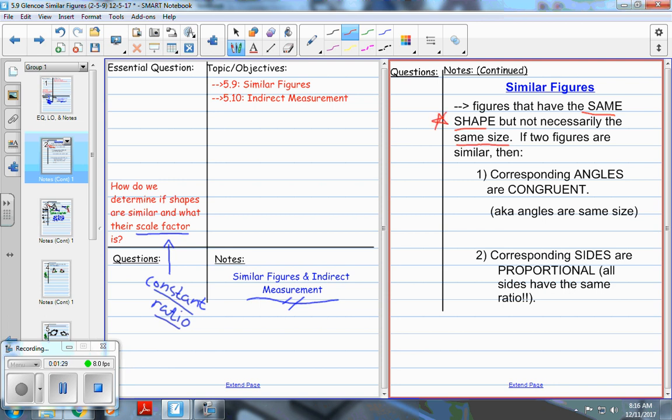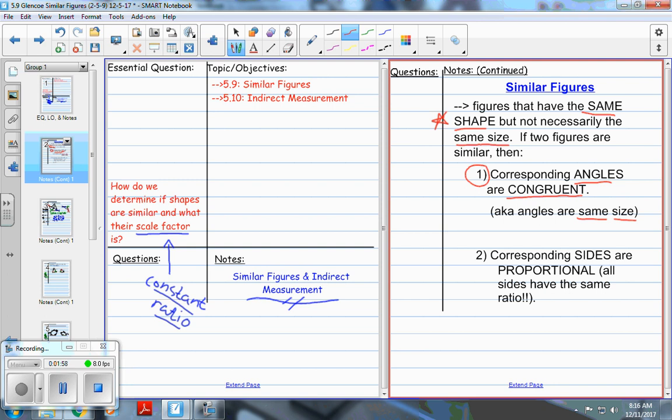So first off, they have to look like the same shape, and we're going to learn about symbols that help us know whether they really are the same shape, and it doesn't just have an artistic illusion that they are the same. So first off, if they are similar, one thing they're going to have the same is the angles are congruent. Congruent is just really a fancy word for same size. So shapes that are similar will always have angles that are exactly the same.